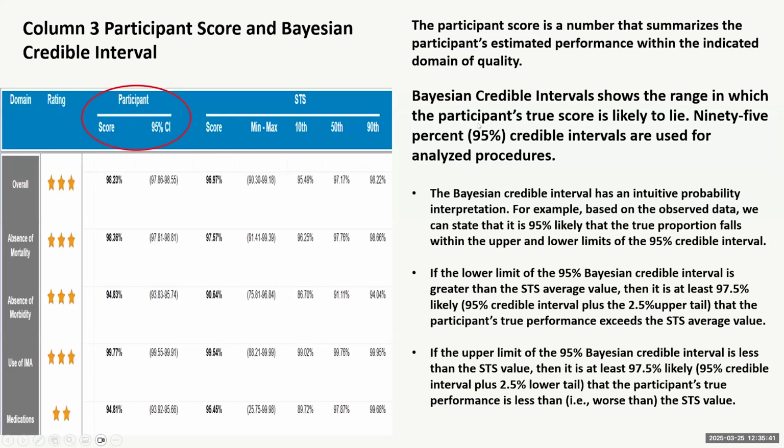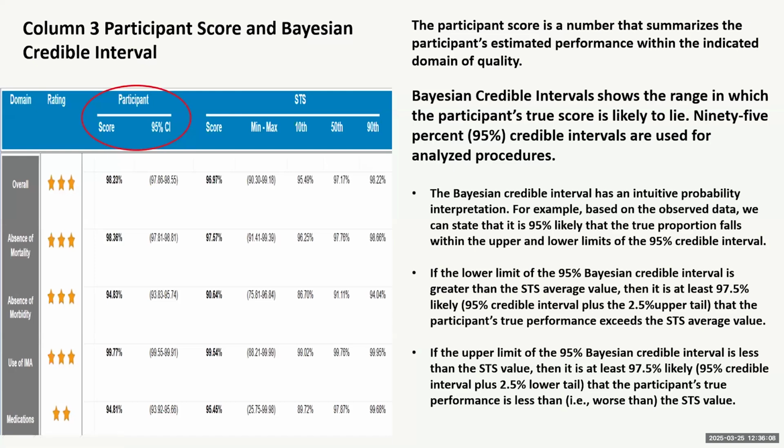Now, the CI, let's talk about that. The Bayesian credible interval shows the range in which the participant's true score is likely to lie. So 95% credible intervals are used for analyzed procedures. So this is your 95% credible interval.